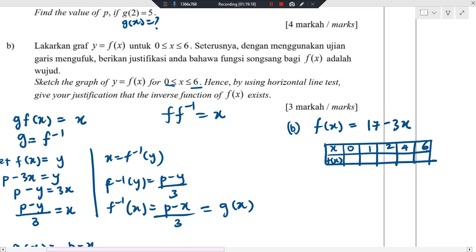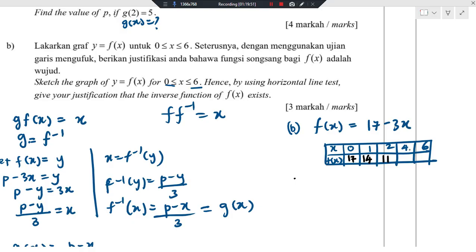Mathematics. So, 17 minus 0 is 17 here. So, 17 minus 3, so which is 14. 17 minus 6, which is 11 here. 17 minus 12, 3 times 4 is 12, right? So, 17 minus 12 is 5. And here it become negative 1, betul tak? Okay. So, how to draw? Okay, your x is everything positive.